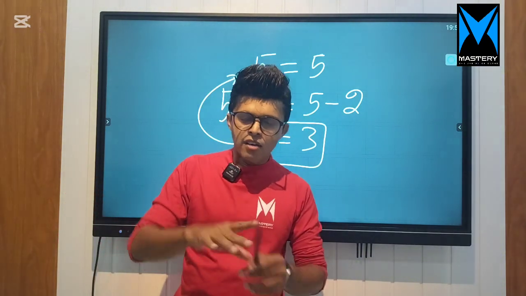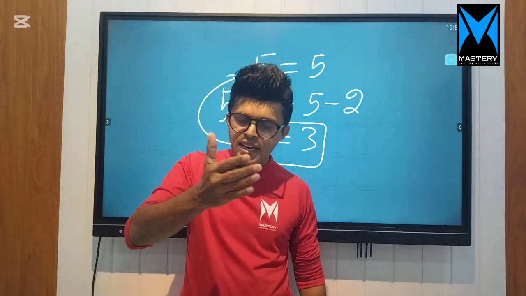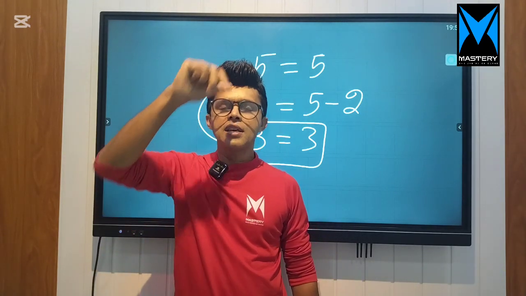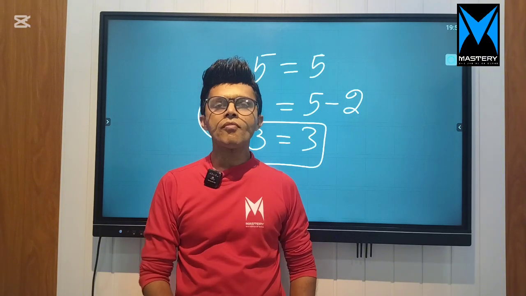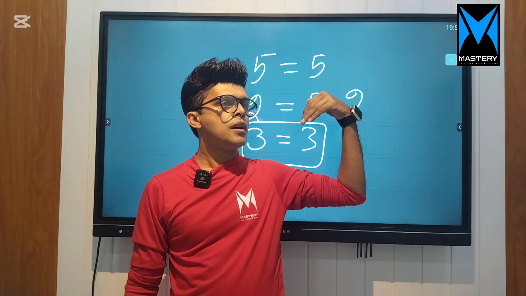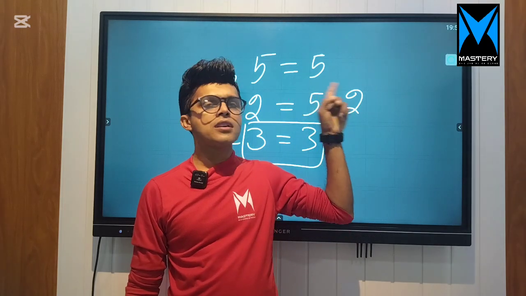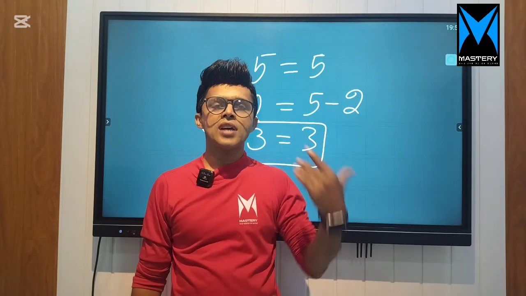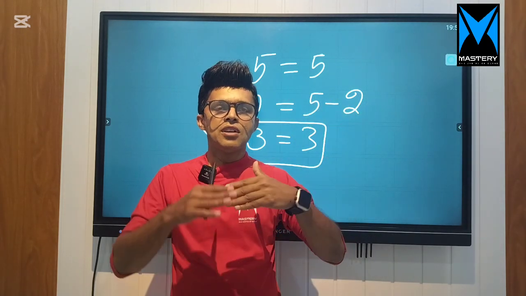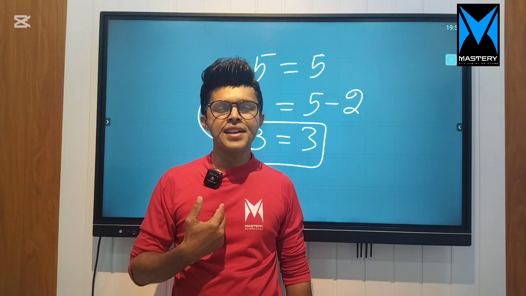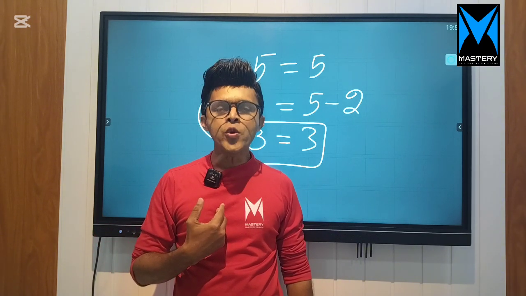But anyway, in this relation you could see that it was first given that 5 equals 5. After that, we subtract the digit 2 from both sides. According to my choice, I have taken that 2 here.